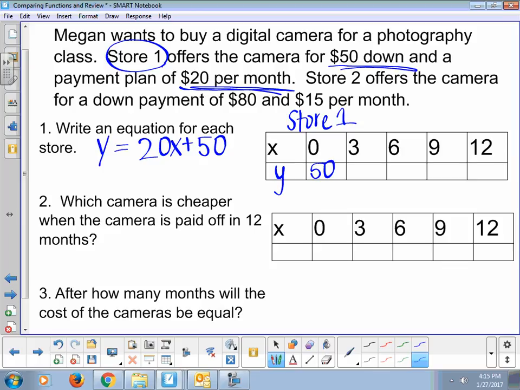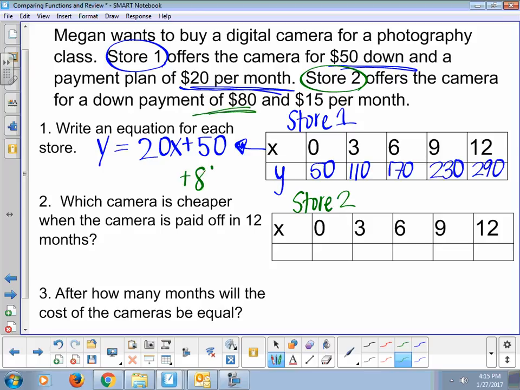For 3 months, we're plugging this back into this equation. 3 times 20 is 60, plus 50 is 110. 6 times 20 is 120, plus 50 is 170. When you plug in 9, you get 230, and 12 is 290. For our second plan, Store 2, it offers the camera for a down payment of $80.